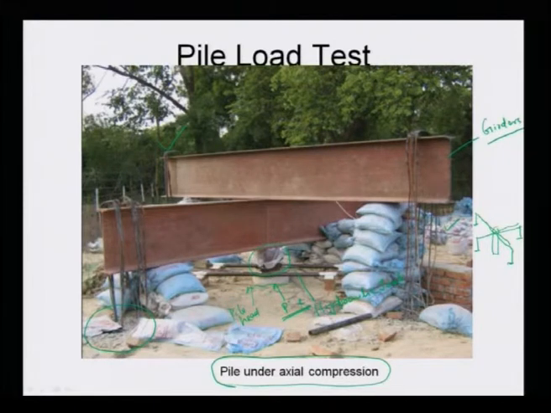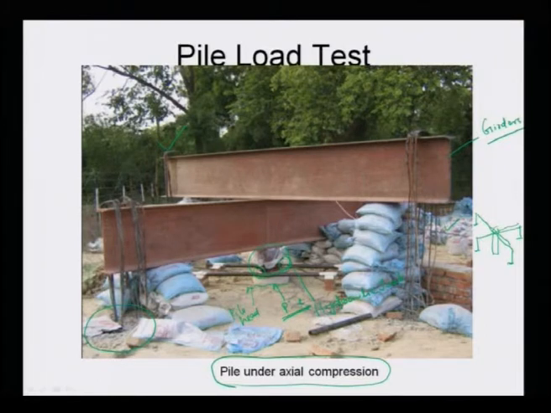Then at the pile head there are 2 dial gauges, diametrically opposite. If this is my diameter, there is one dial gauge here and one opposite, so that you can measure the displacement.